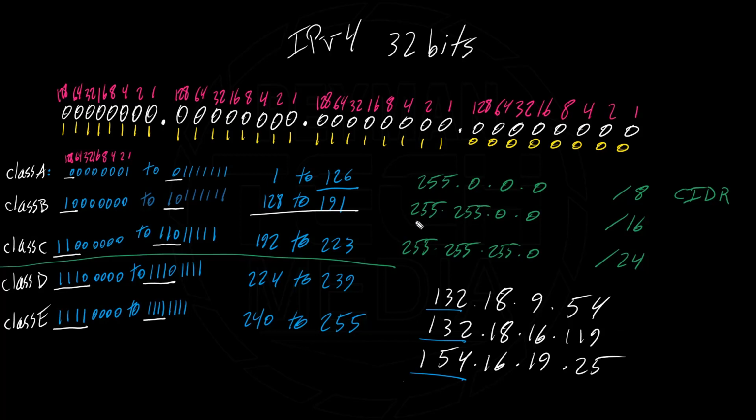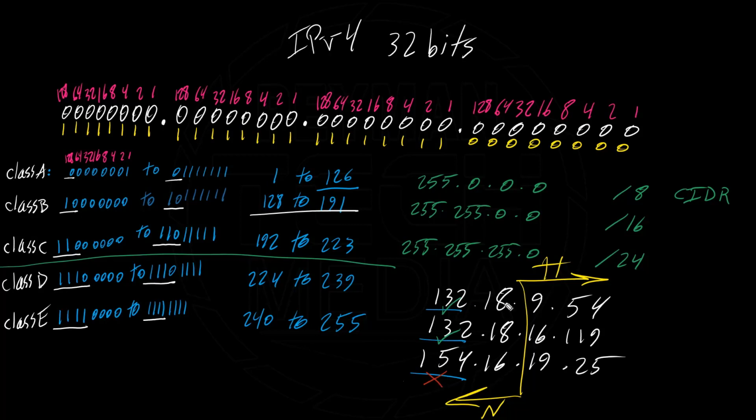And the default subnet mask for class B, 255.255.0.0, means the first two octets must match. So for class B, the first two octets belong to the network, the last two belong to the host. So 132, 132, 154. 132 and 132 matched. 154 is not matched.